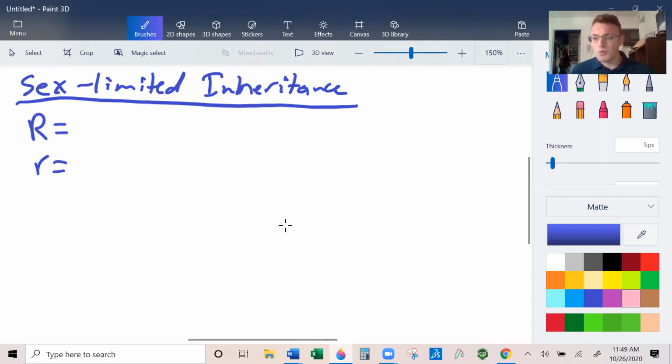But one or the other allele, or neither allele, just simply doesn't show up in one gender. It doesn't matter what they have. So for example, a common one, let's go back to my chicken. Let's go to chickens.